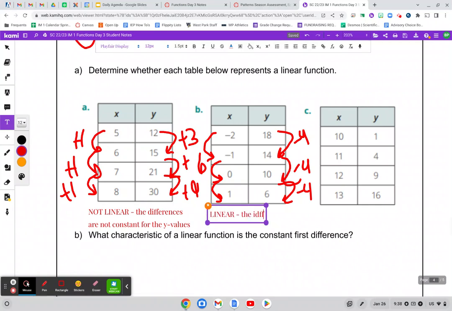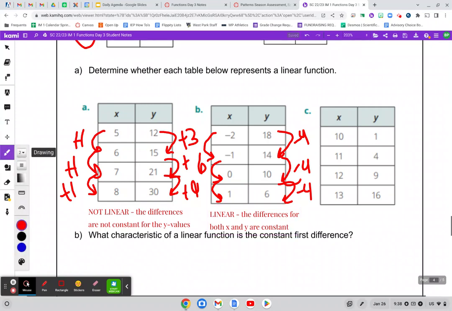The differences for both x and y are constant. Therefore, it's linear. And you can always throw these points into a table on Desmos just to make sure and look at the points as they show up on a graph. And you'll be able to see like, oh, yeah, that's linear. Or, well, that point actually does not fall in line.